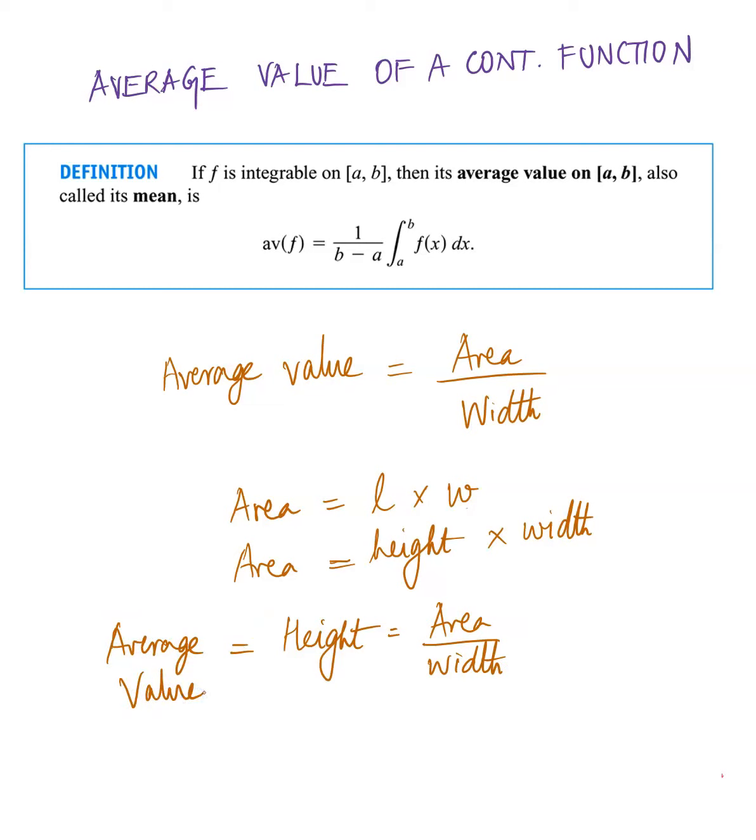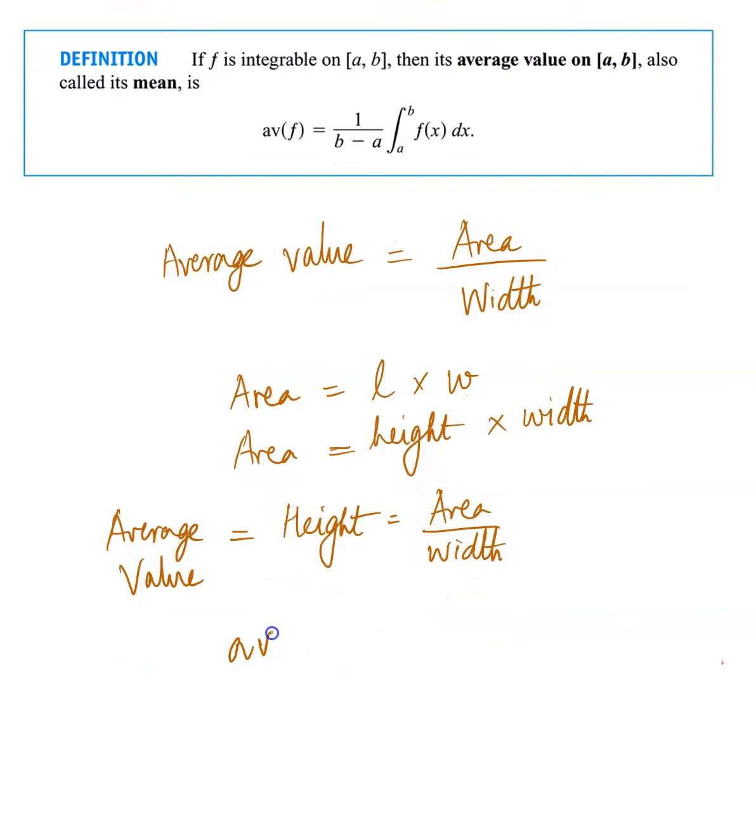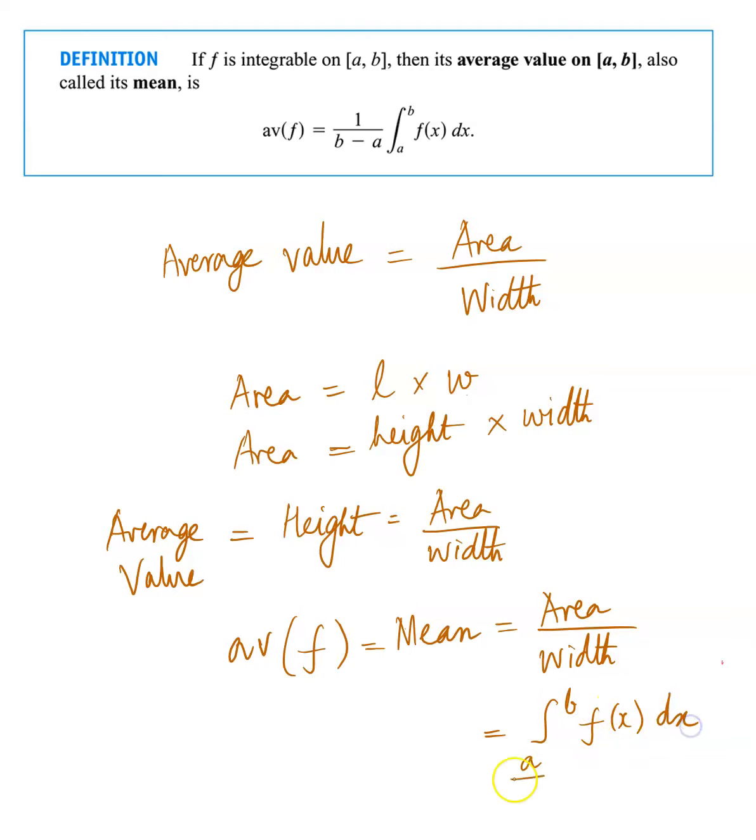So we got this information. But if you see this particular definition, it involves the integral. So let me come back to that. Average of f, which is also known as the mean, is still area over width. But now we saw that the definition for area under a curve is the definite integral a to b of f of x dx over the width b minus a.